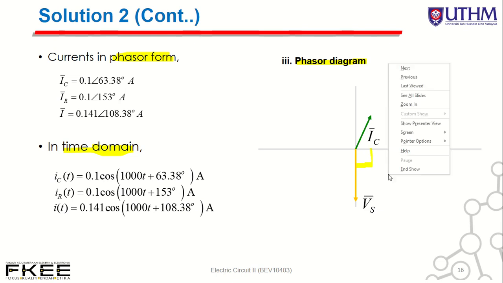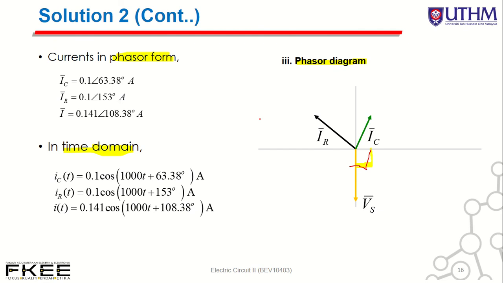Then IC, angle 63. Then your IR, angle 153. And then your I, angle 108.38 degrees, in amperes. Okay, this is the phasor diagram. So you have to know how to draw the phasor diagram.